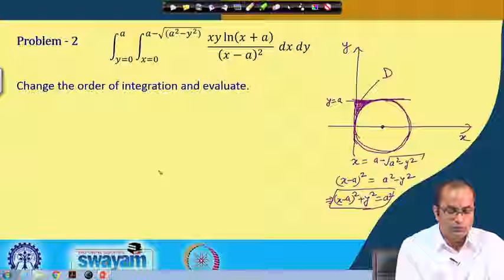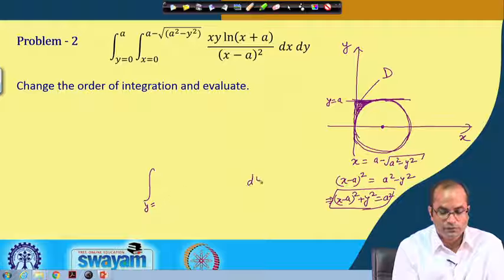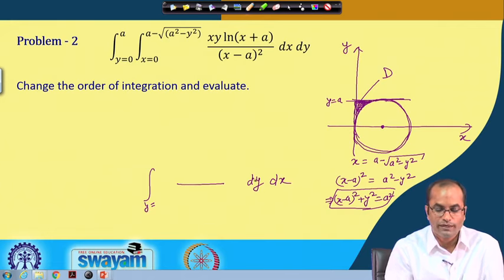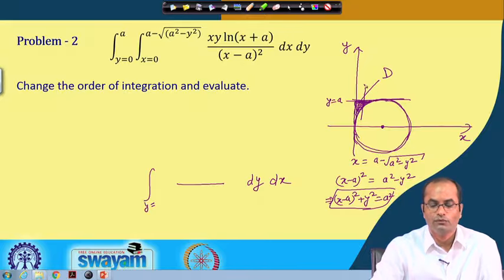So, if we change the order, first we have to fix the limits for dy. The integrand will remain as it is, and then later on we go with dx. So, changing for y, we have to now draw a line parallel to the y axis and see where it enters the domain and where it exits the domain.